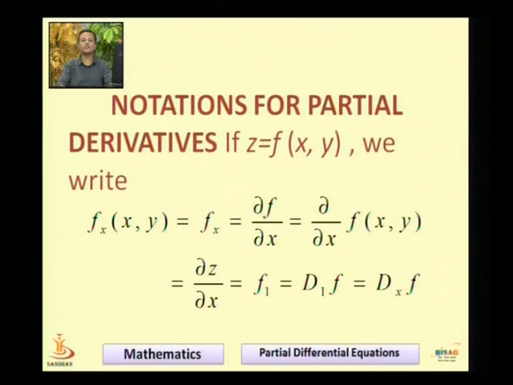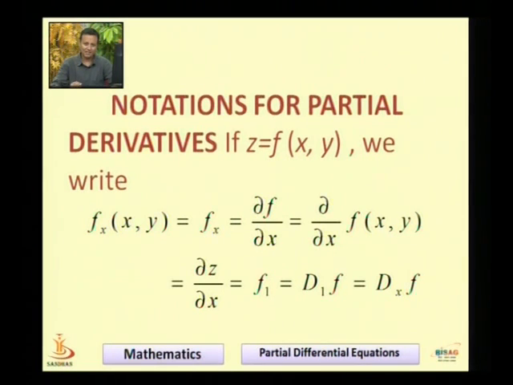Now, notation for partial derivatives. Before we go to partial differentiation, we introduce this. If z is a function of two independent variables x and y, we write f with suffix x, or f with suffix x just, or it is also denoted by del f by del x. In the case of the ordinary derivative, the derivative of the function f(x) with respect to the x variable was df by dx.